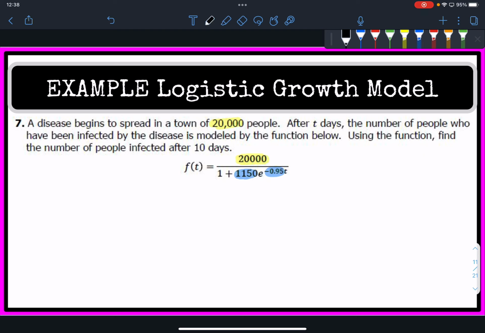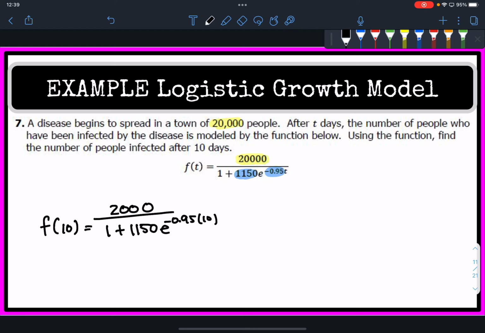So let's look at how many people are going to be infected after 10 days. So we model this function f of t, and we substitute in t with 10.